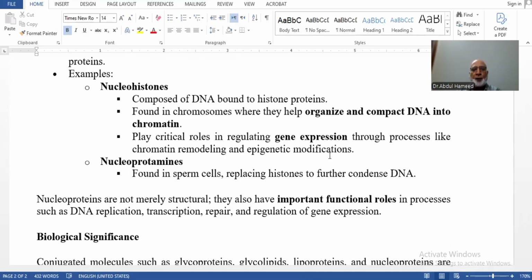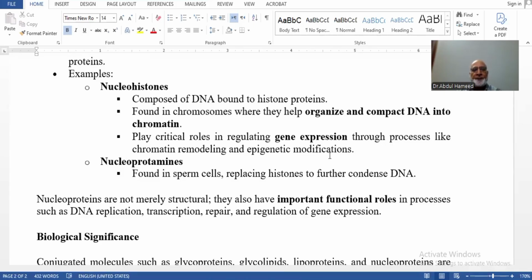They play a crucial role in regulating gene expression through processes like chromatin remodeling and epigenetic modifications. Nucleoproteins are found in sperm cells, replacing histones to further condense DNA molecules.